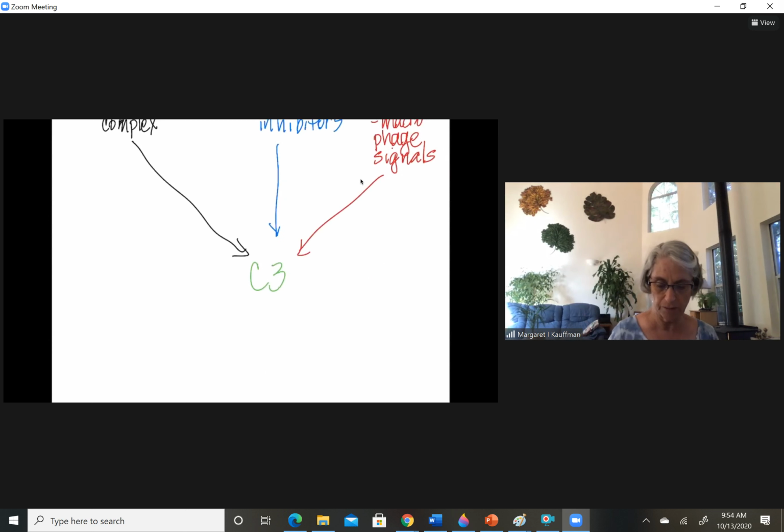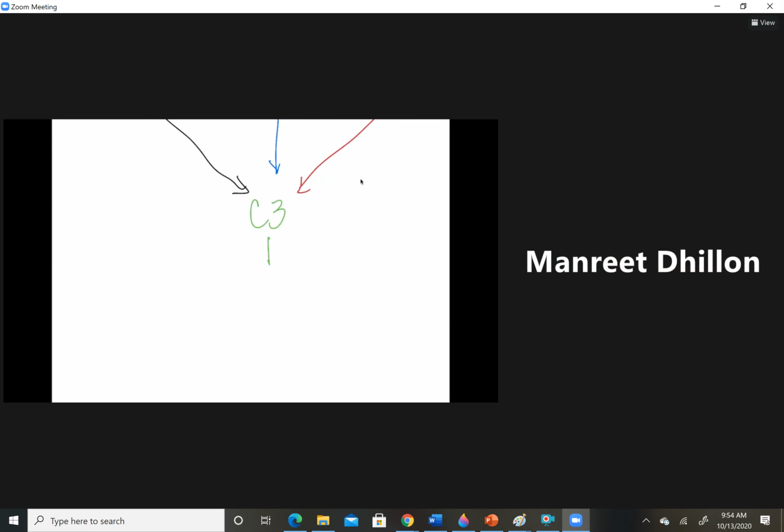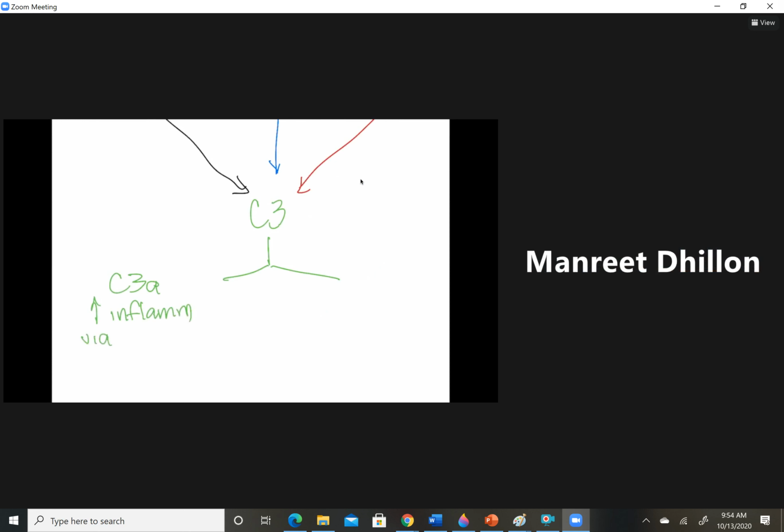So once you get complement activated, what happens next? Okay, so you would create C3a, and that enhances inflammation via binding to mast cells and basophils. And hold on, let me just get to my notes as well.